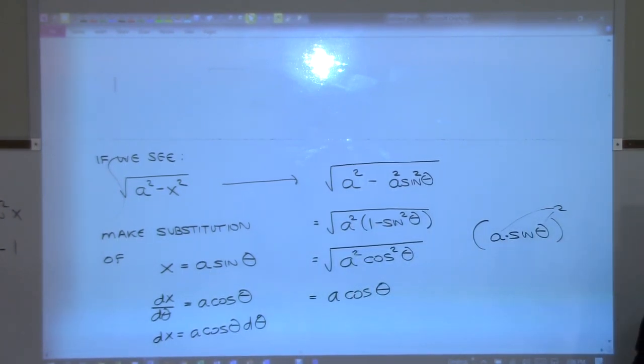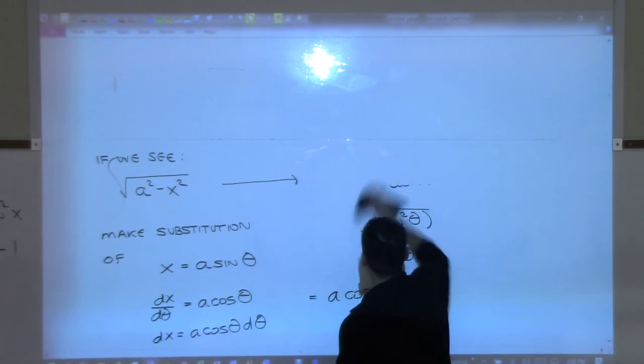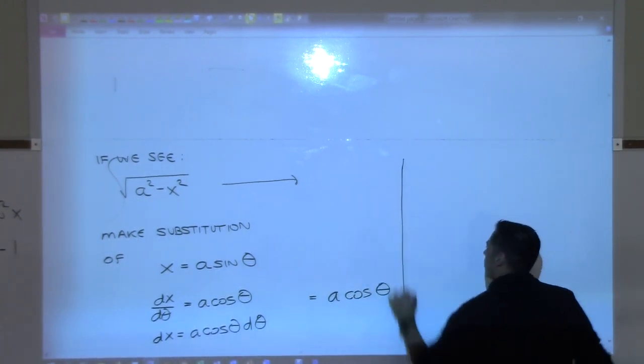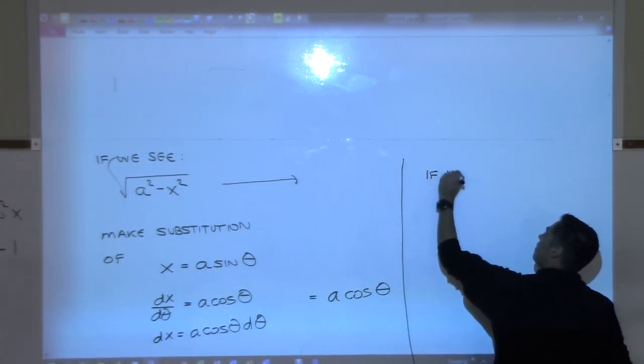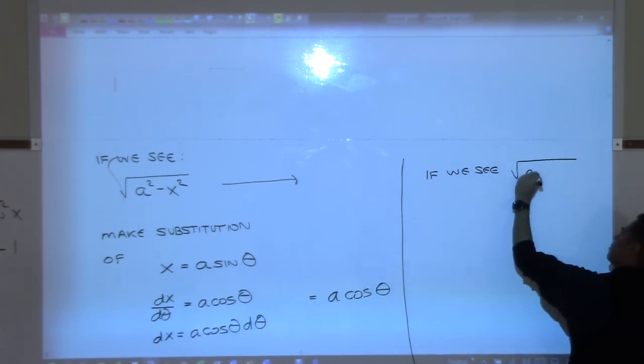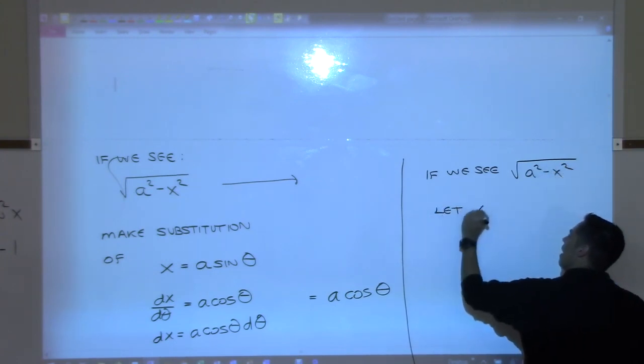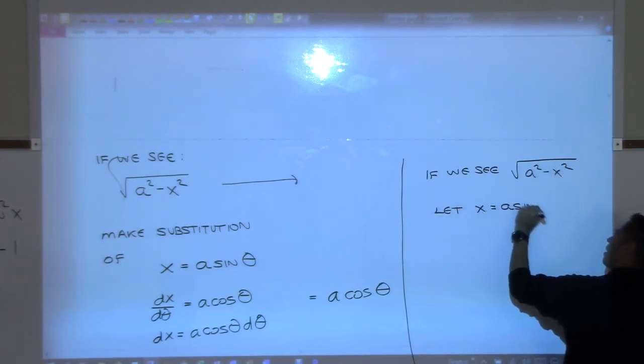Okay. Let me recap all of that. I'm going to erase some of this. So if we see the square root of a squared minus x squared, we're going to let x be equal to a sine theta.